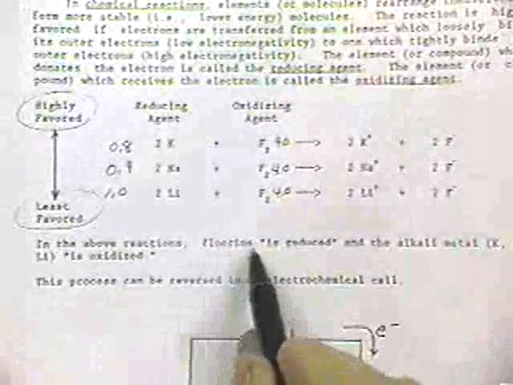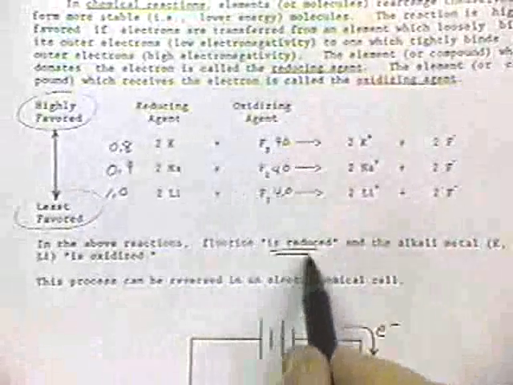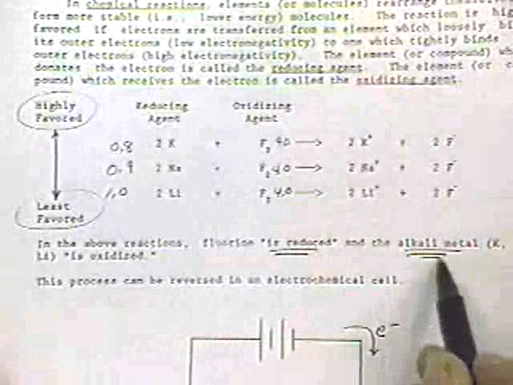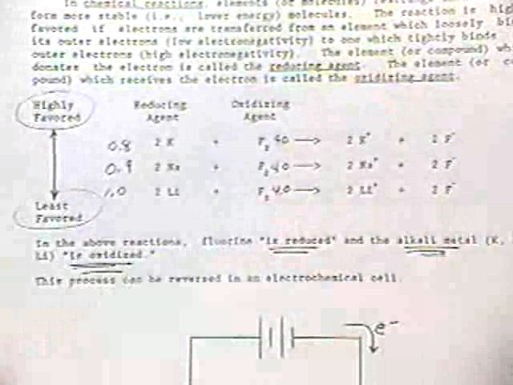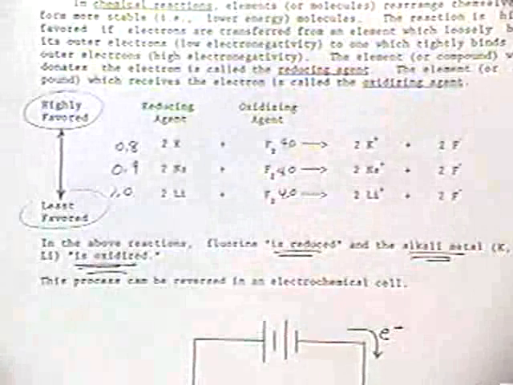Now, to add confusion, we would say that fluorine is reduced and the alkali metal is oxidized. Now, this is what's crazy about it. Take a look at this.